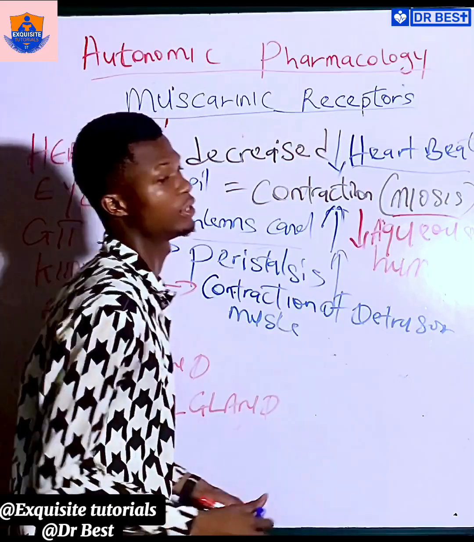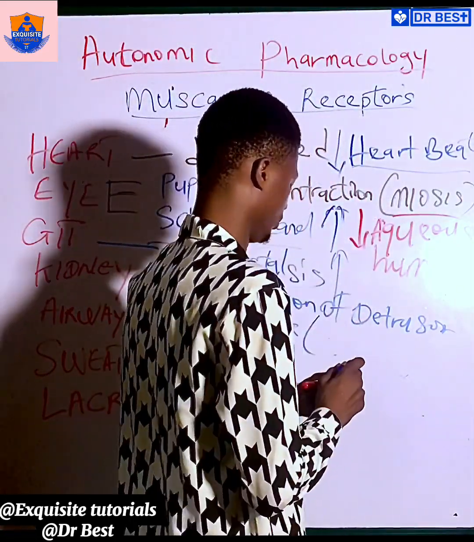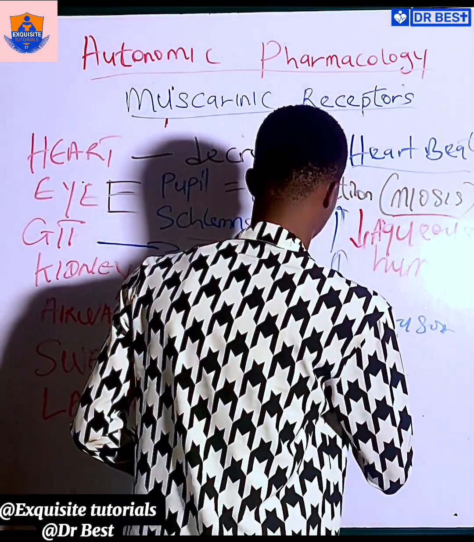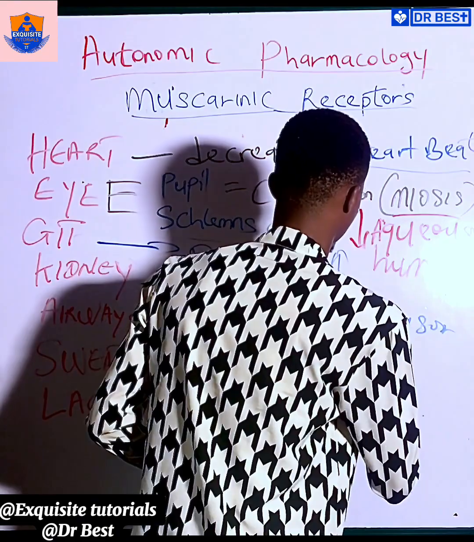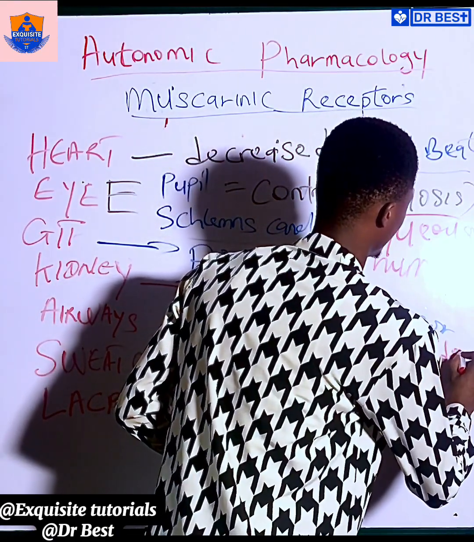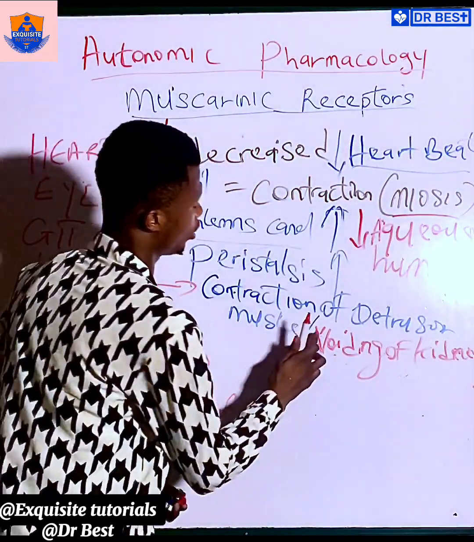Now, this contraction of the detrusor muscle is going to cause what we call voiding of the bladder. So it's going to cause voiding.